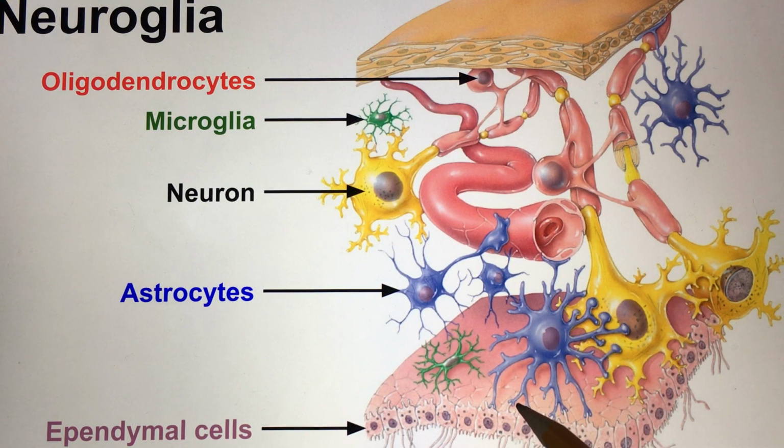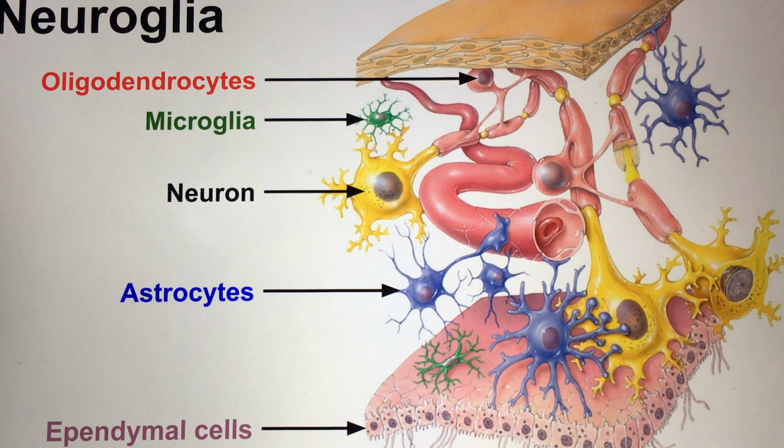Astrocytes can also help the neurons to receive nourishment from the ependymal cells that create the cerebrospinal fluid. So these ependymal cells are situated like a carpet very closely together, like little bricks. They create cerebrospinal fluid from blood.